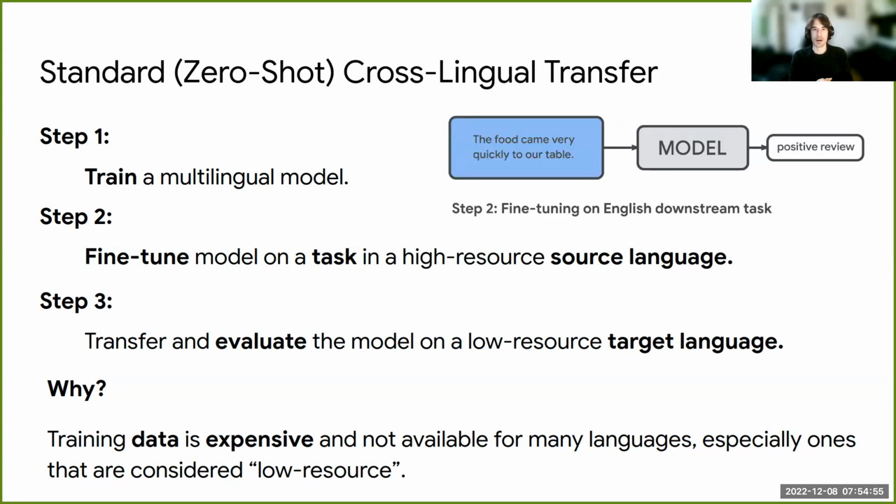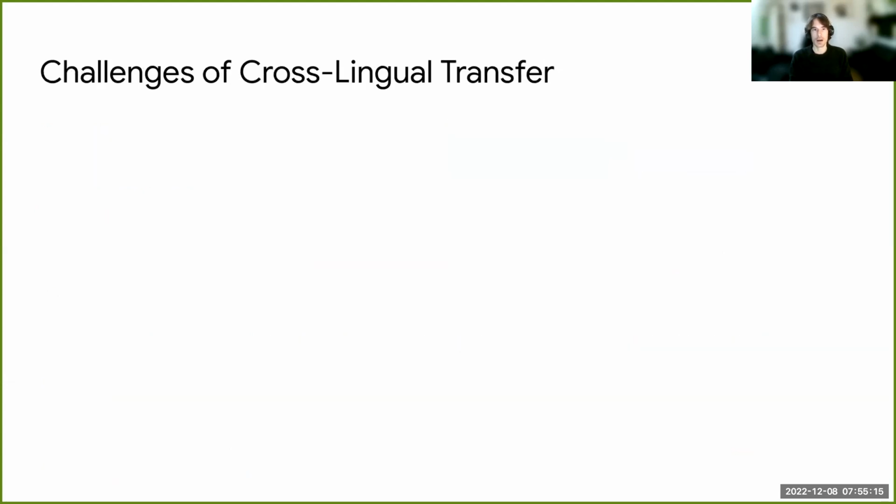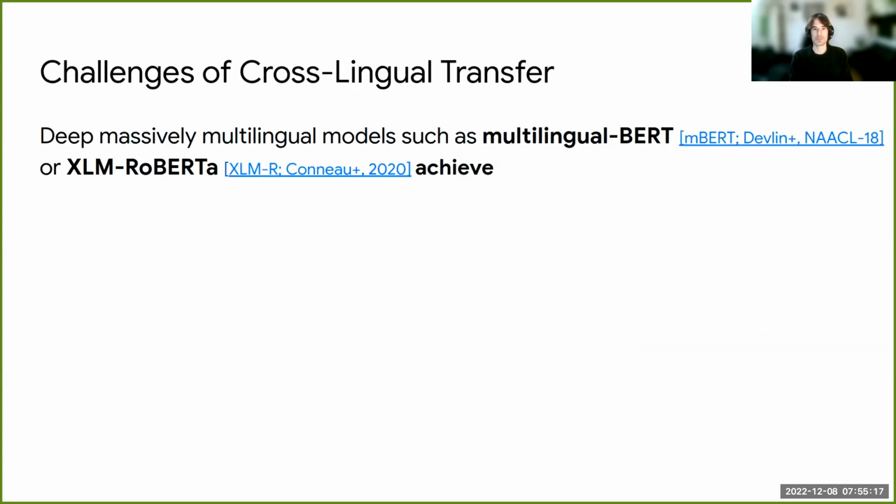And the reason for doing zero-shot cross-lingual transfer is, again, what I said before: training data is expensive to create, not available for many languages. So basically, we are trying to bypass the data bottleneck problem. Okay, this is the standard cross-lingual transfer. It has nothing to do with modular parameter efficient design. So yeah, those approaches work pretty well.